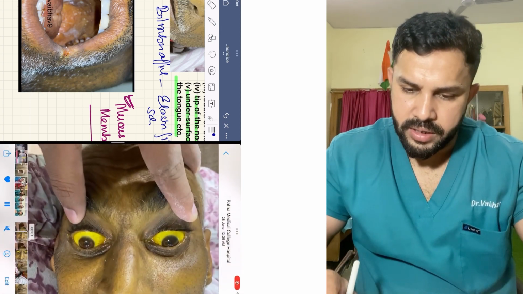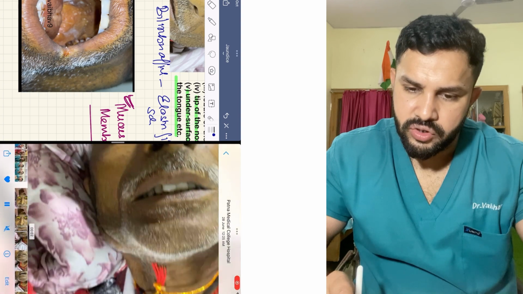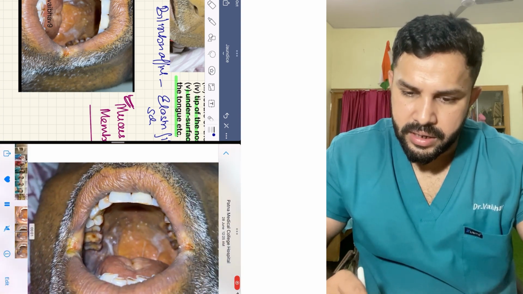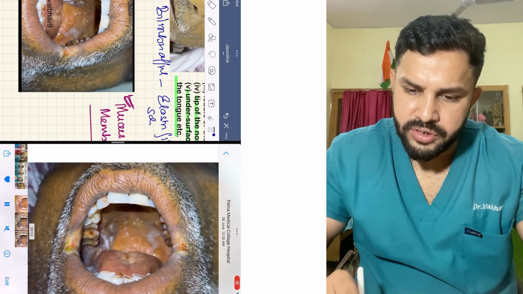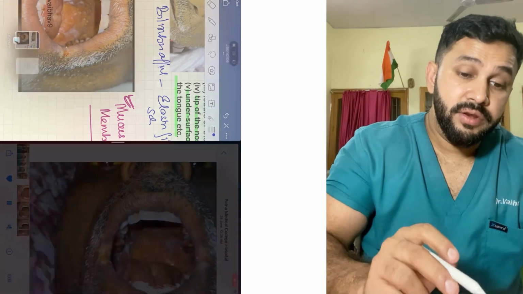See, I am pulling upwards and asking the patient to look down and watch this again. So again I'm opening, and you can see the yellowish discoloration of the mucous membrane of the patient. So this is a case of jaundice in which you see that.